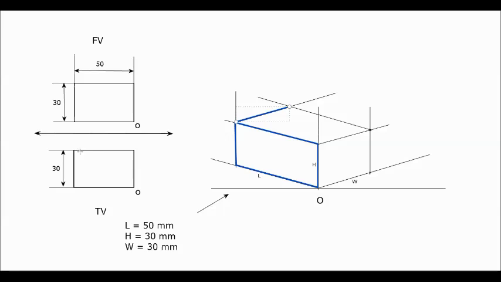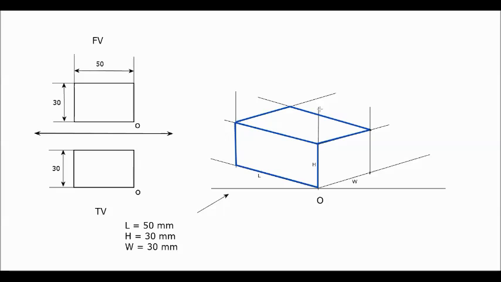Then the top edge in the top view is completely visible, so we'll mark that edge also. And the right side edge in the top view is also visible.